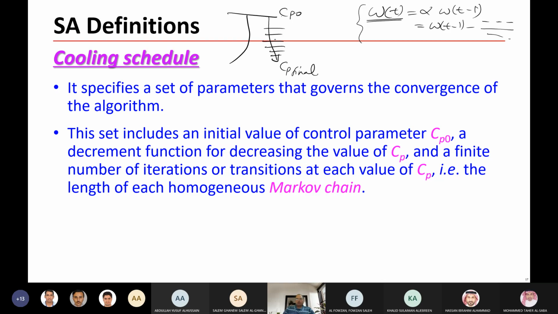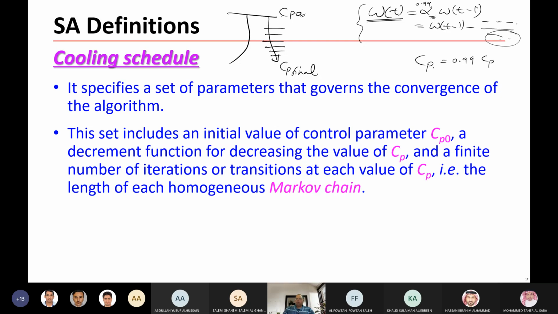In the cooling process, you reduce CB. You can define CB initial, CB final and the number of iterations, and then decrease the CB each time, or you can use a decreasing schedule. So you can define alpha equal to 0.99, and then CB equals 0.99 times CB.